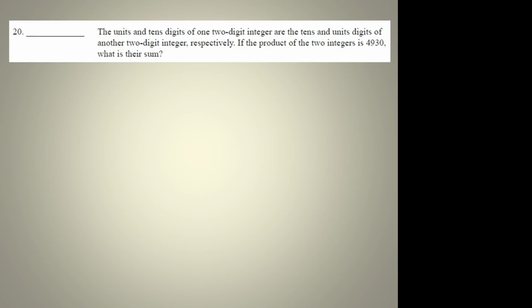Number 20. The units and the tens digits of a two-digit integer are the tens and units digits of another two-digit integer, respectively. If the product of the two integers is 4,930, what is their sum?